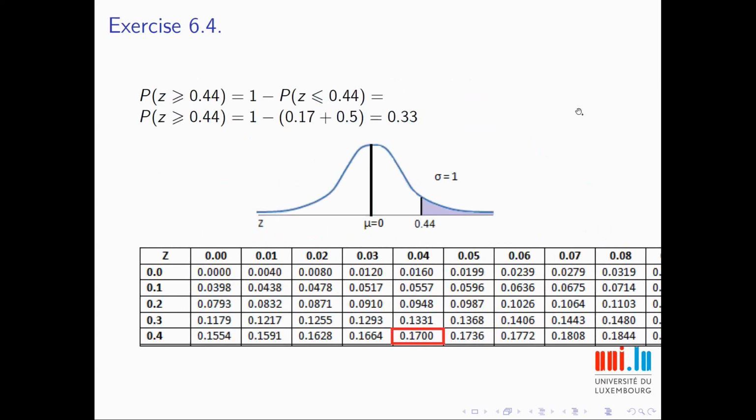Yeah, and here we have to calculate the probability. Please pay attention to the inequality signs. We have to calculate the probability that the variable is more than 0.44. So it means we have to calculate the area under the curve in this tail, which is covered by pink.